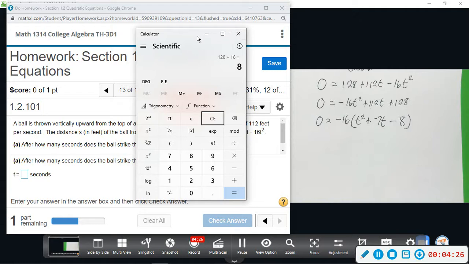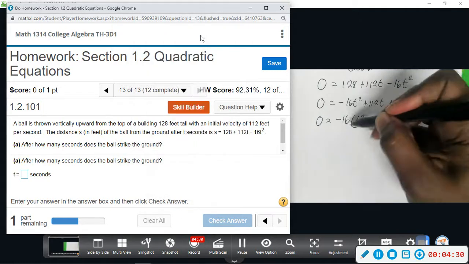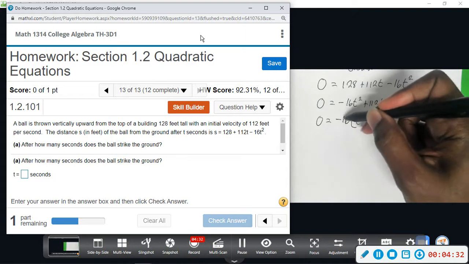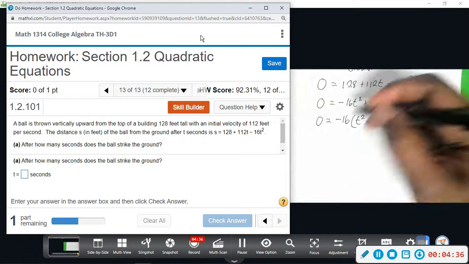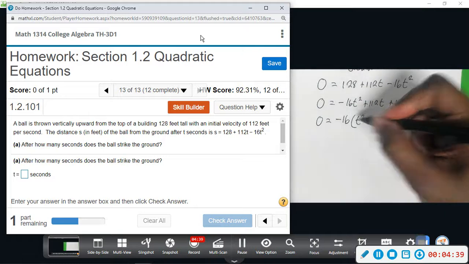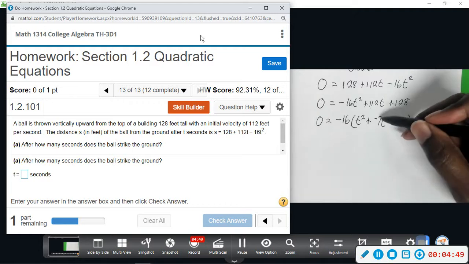Let me move this out of the way, and then I've checked. All right, so I'm going to factor. Once you factor out a common factor, that 16 just stays on the outside, and we're factoring this part on the inside. So I'm going to multiply 1 times 8. That gives me 8. And I'm looking for the factors of 8 that subtract to give me 7.